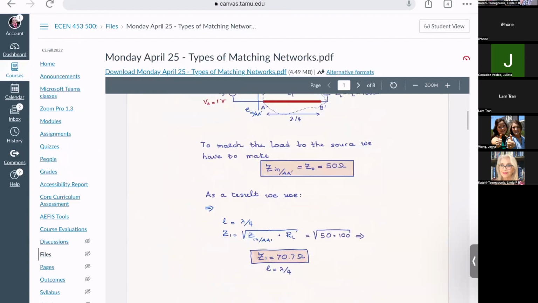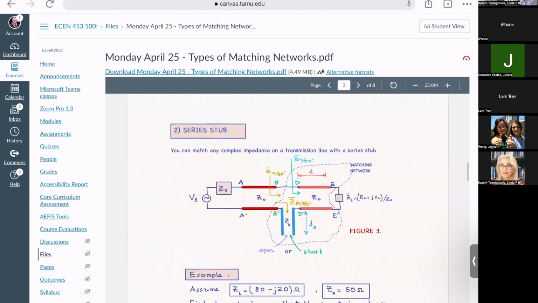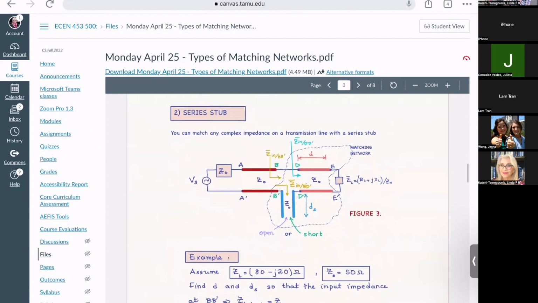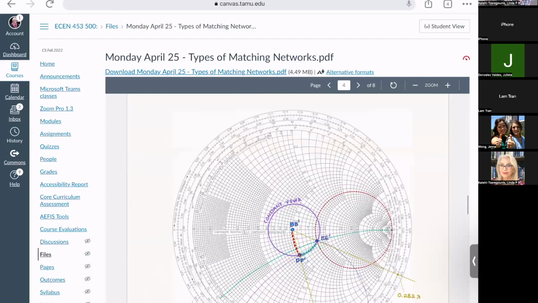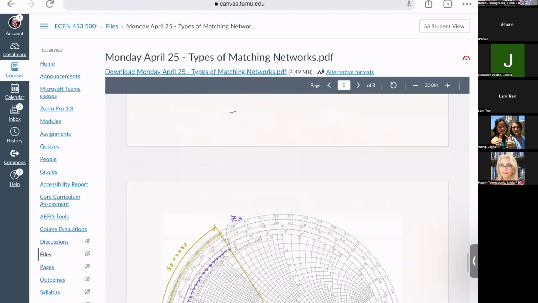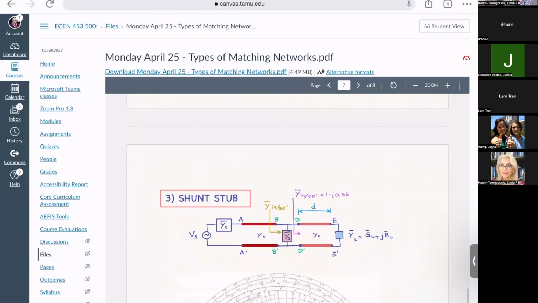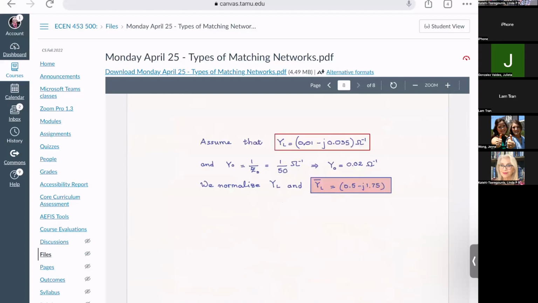So that's a quarter of a wavelength. That's one matching network with a series stub. All right. So it shows how to do that, by using the Smith chart. Also, there is one with a shunt stub. Also, it shows that on the Smith chart.